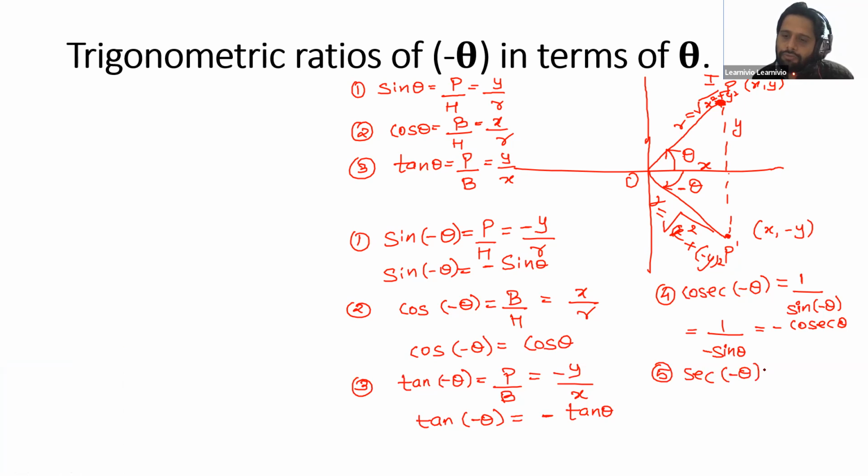This is equal to 1 by cos minus theta. And we know that cos minus theta is cos theta, so that means sec theta. So sec minus theta is equal to sec theta.